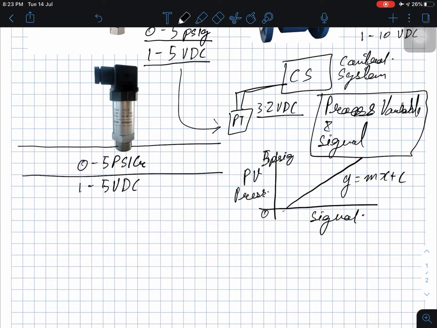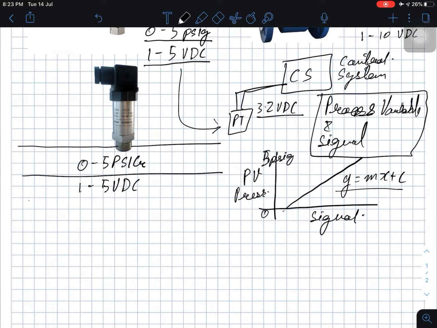We'll look into that. So if you have an instrument whose process range is known and whose signal range is known, how will you find this equation? It's very simple.